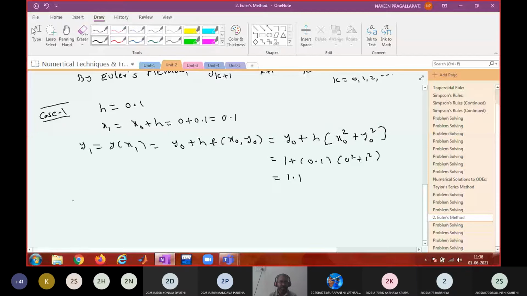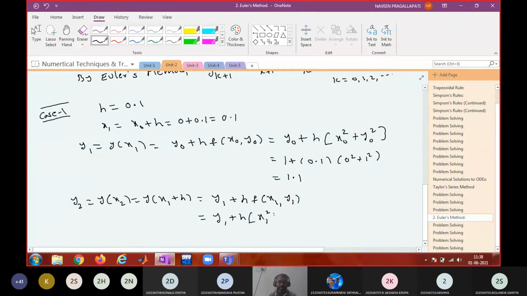Okay, so now find y2. y2 is equal to y of x2, equal to y of x1 plus h, equal to y1 plus h into f of x1 y1. Now write down the formula first. So y1 plus h into x1 square plus y1 square.